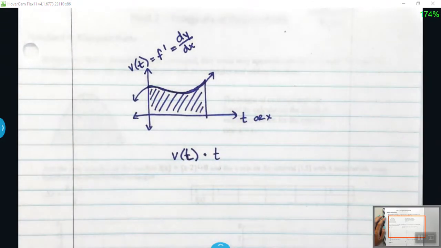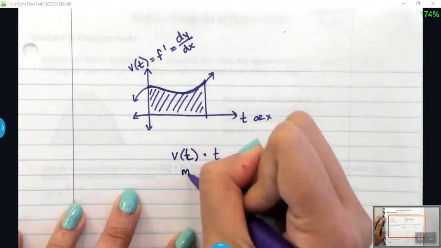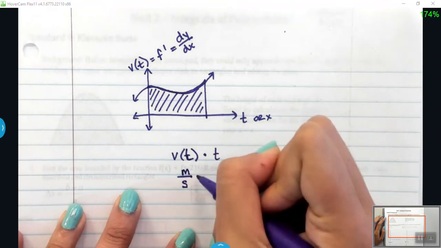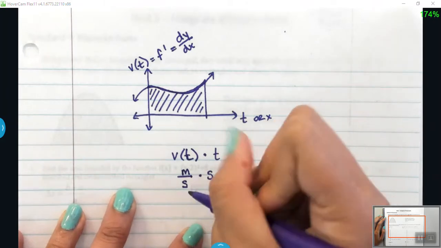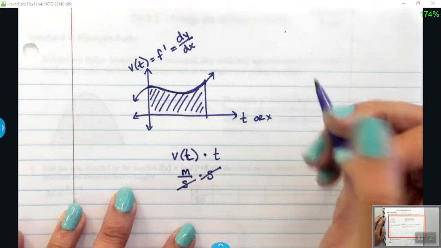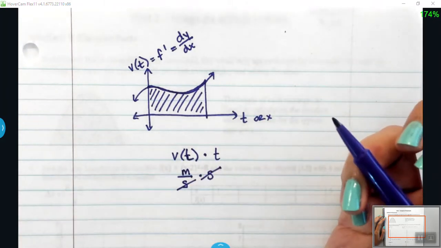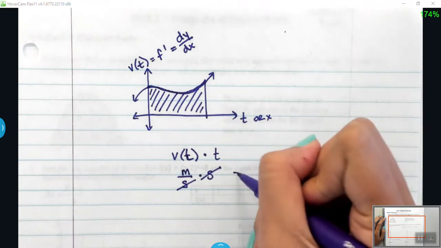Well, what's velocity? Give me a set of units for a potential velocity. Meters per second. If I take meters per second and then time is in seconds and I multiply by seconds, what happens? It crosses out and I get back to meters, right?